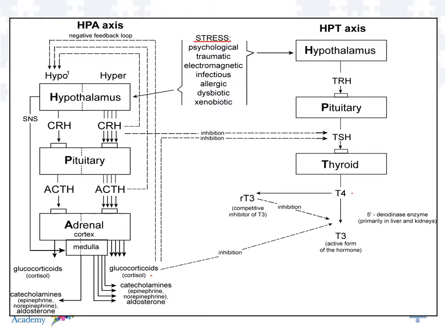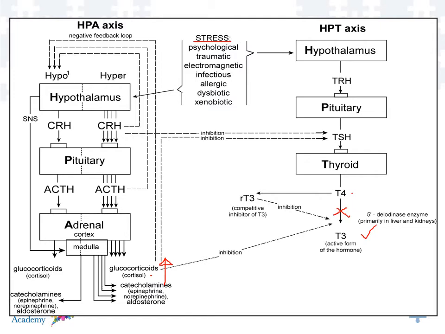Now, what's interesting is that under chronic stress, increasing levels of cortisol can have an inhibitory effect on thyroid function. So T4 to T3 can be inhibited through the actions of cortisol. So we can inhibit the conversion of T4 to T3, and we know that T3 is the active form of thyroid hormone.